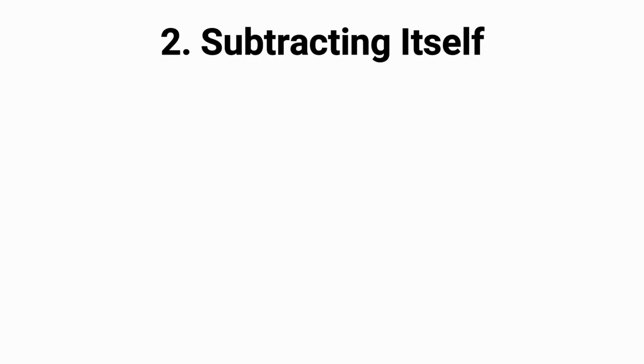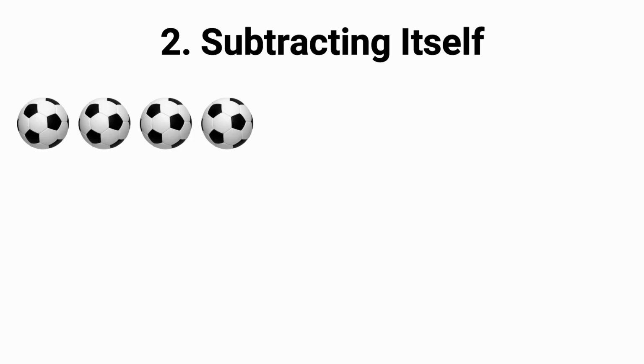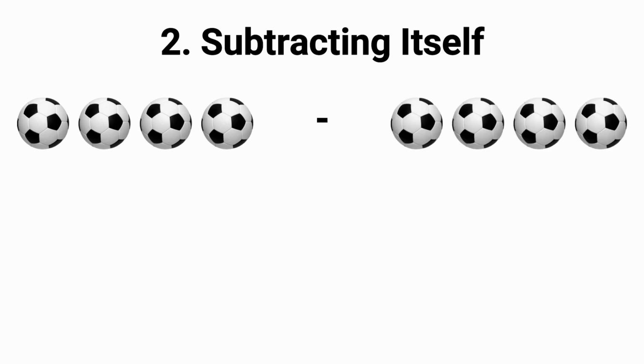Second property is subtracting itself. So children, if you have 4 balls with you, and this time you gave all 4 balls to your sister, can you tell me how many balls are still there with you? Obviously 0 balls, as you have given all balls to your sister.